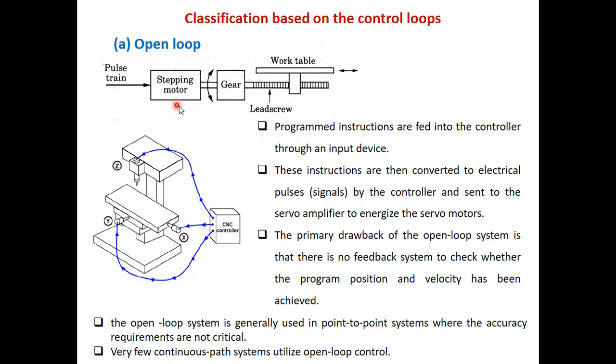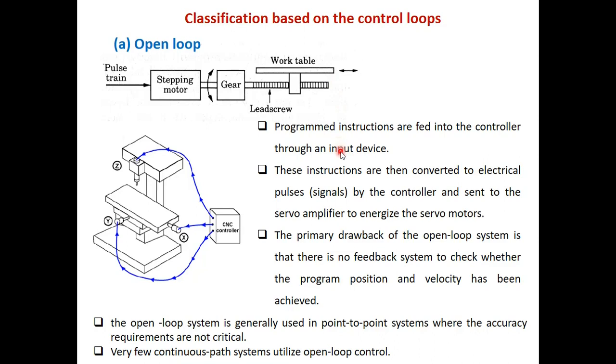It will receive the inputs from the controller, and then decide how much power should be given to the gear. So it will give small steps to the gear. When the gear motor rotates, it leads the work table to move in one direction.